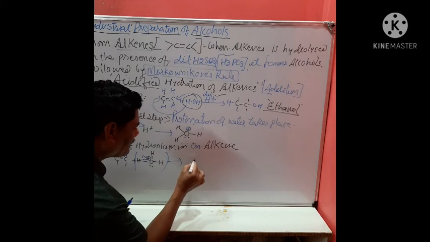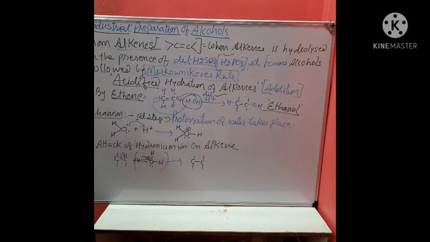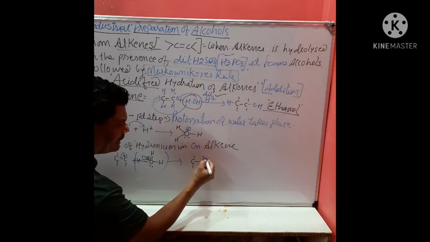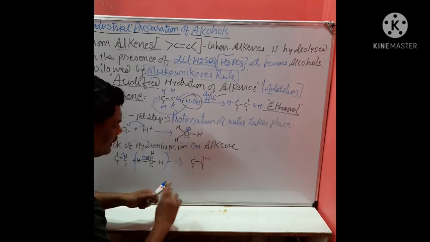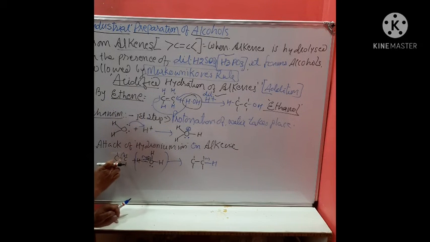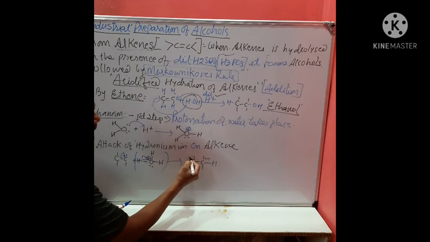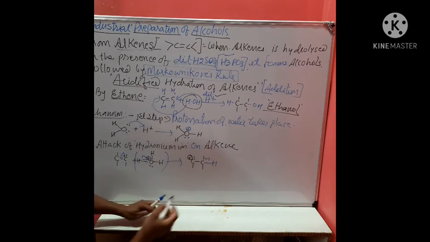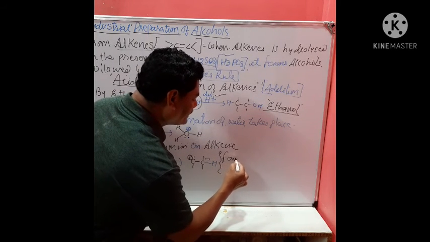By shifting the pi electron pair, now between carbon and carbon there will be only a single bond, and the negative charge comes here. So in this negative charge, the H can attack easily. So here the attack of H takes place. Now the electron pair is shifted from this carbon to this carbon atom. That means the terminal carbon atom becomes electron deficient, so it acquires positive charge. Here formation of carbocation takes place.